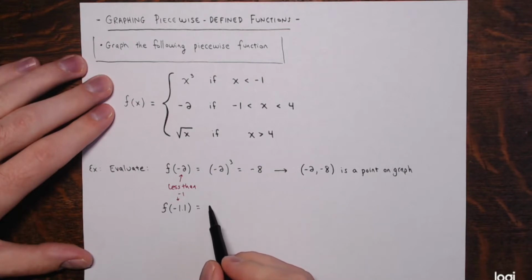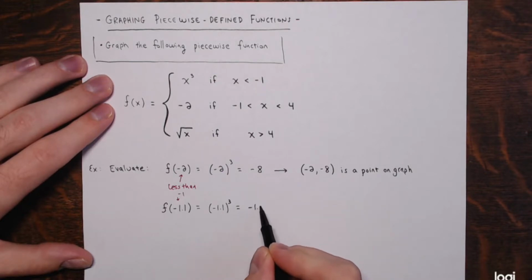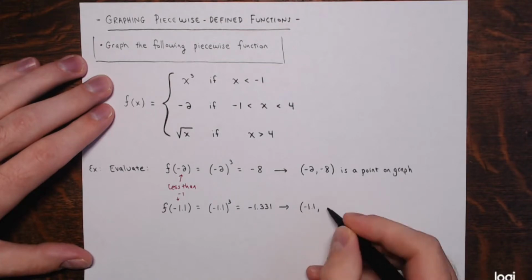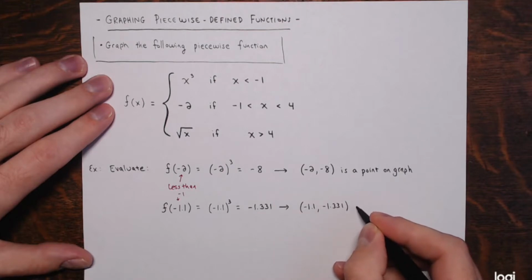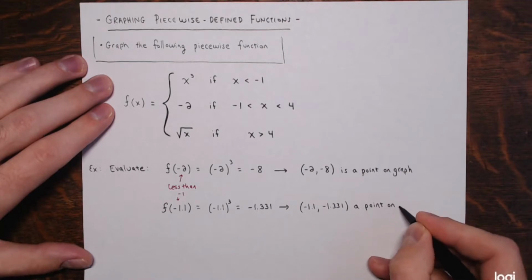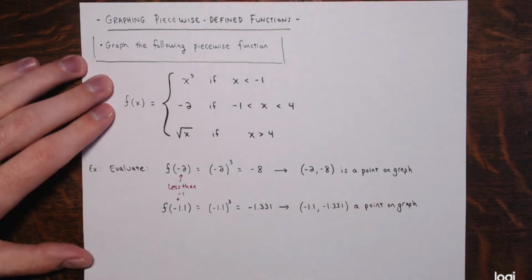The output would be calculated as negative 1.1 cubed, so that'd be negative 1.331. Then again, if you're talking about points on the graph, negative 1.1 input, negative 1.331 output is a point on the graph of this function f.